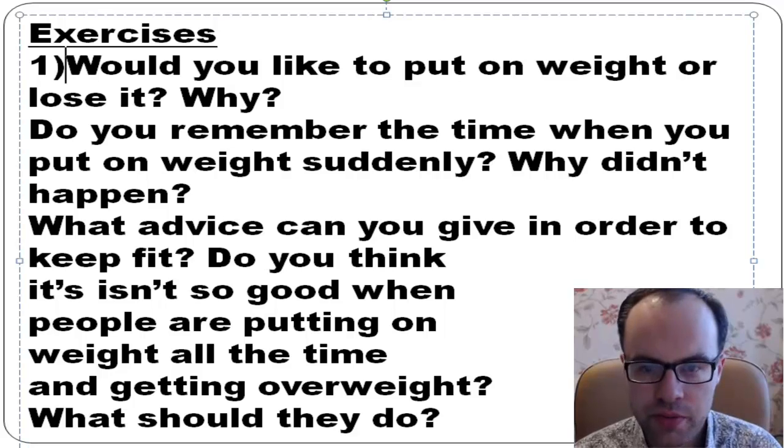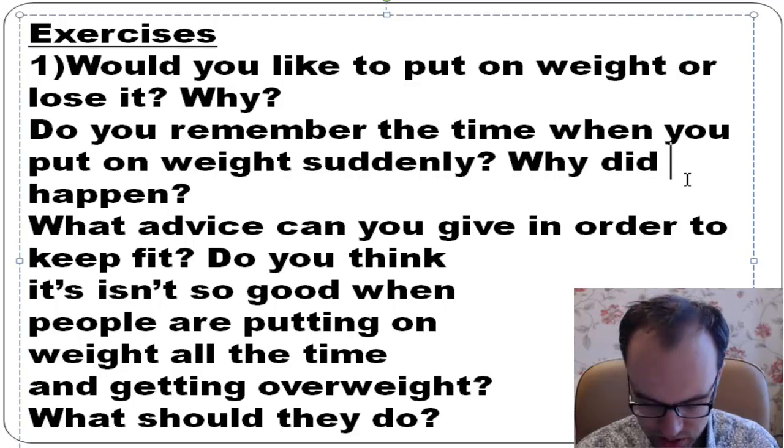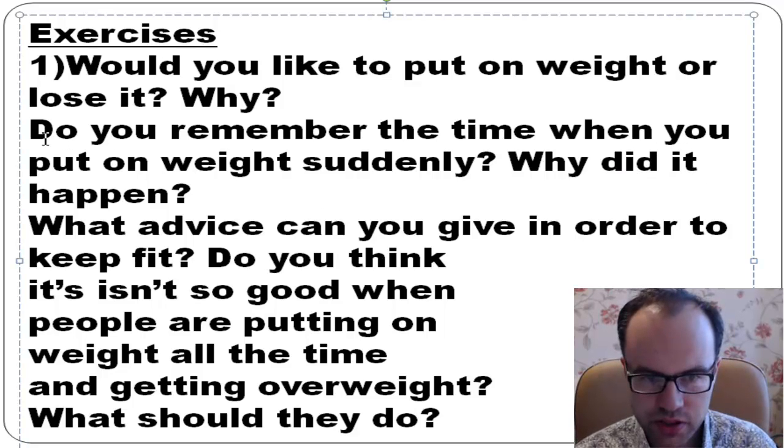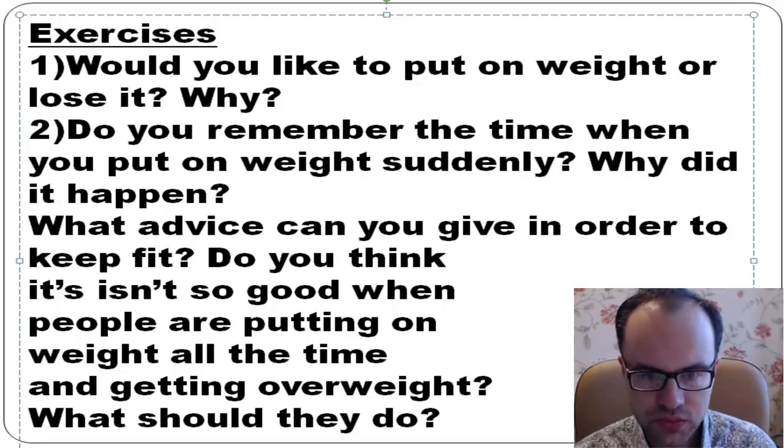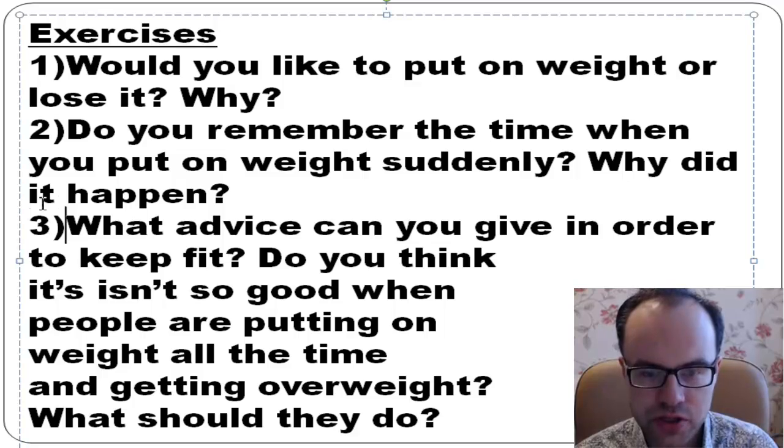Why? Do you remember the time when you put on weight suddenly? Why did it happen? Yeah, a good question. So, what advice can you give in order to keep fit? Do you think it isn't so good when people are putting on weight all the time and getting overweight?